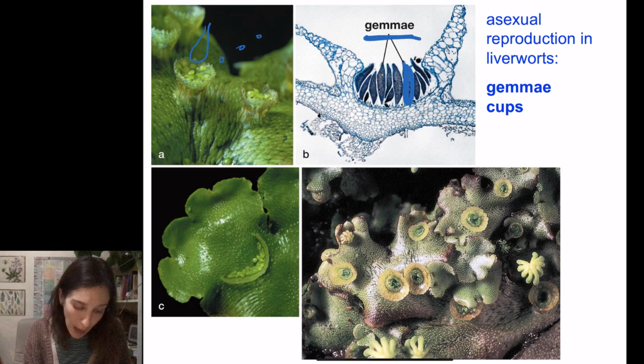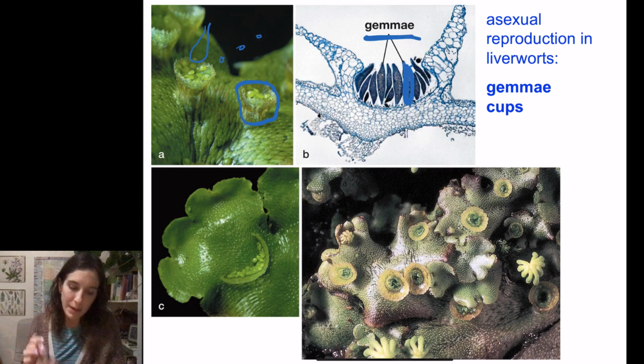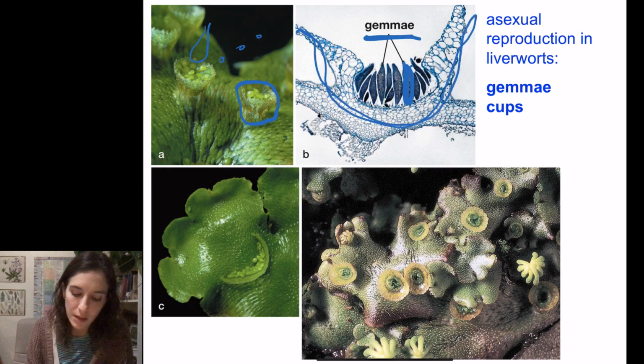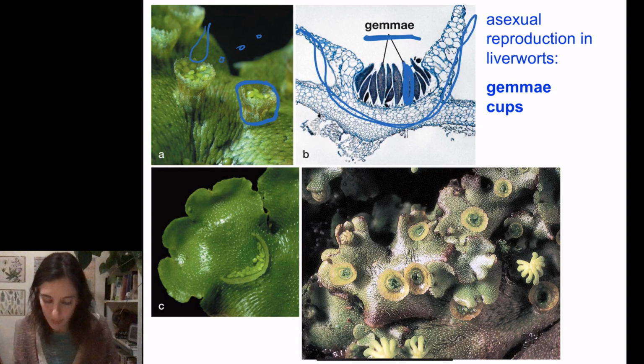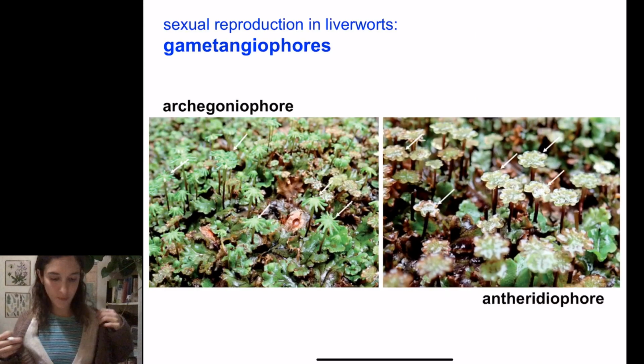The gemma cup would be this whole structure that's holding a bunch of little individual gemmae, like this whole structure right here, the blue one. That whole thing is a gemma cup. Usually these gemma cups form right on the surface of the thallus. This is asexual, so they're literally just clones. Cool.